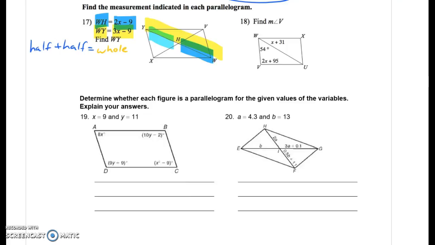the whole. So 1/2, 2x minus 9 plus 2x minus 9, we gotta double it, equals 3x minus 9. And so we solve. Combine.